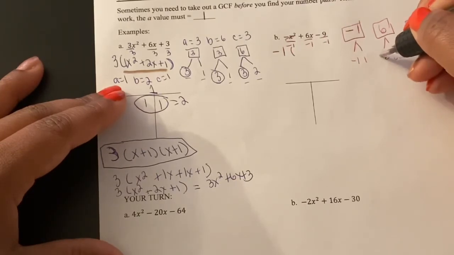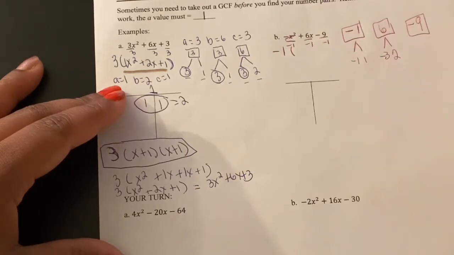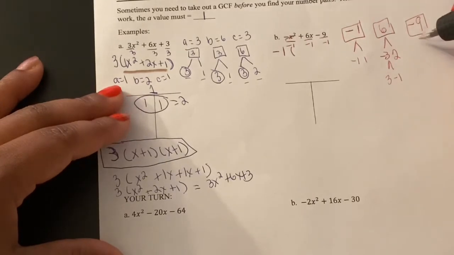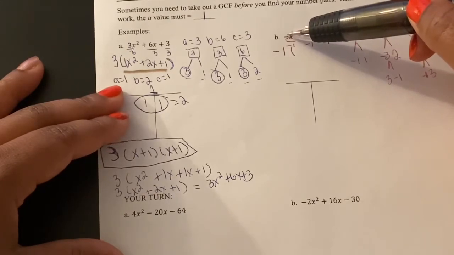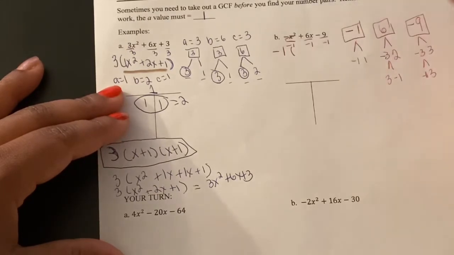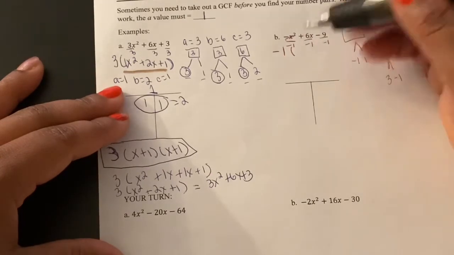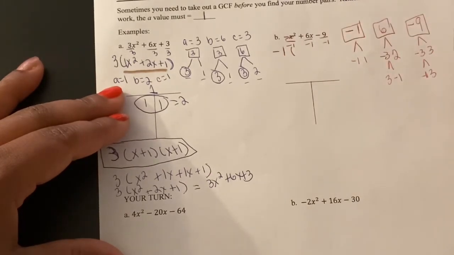You could say negative 3 and 2, which means that there's also a 3 and negative 1. You can think about it like that. But it's easy to see that if a term is negative 1, you just take out the negative 1 because 1 is always a factor of any number. Also, negative 1 is also a factor of any number.